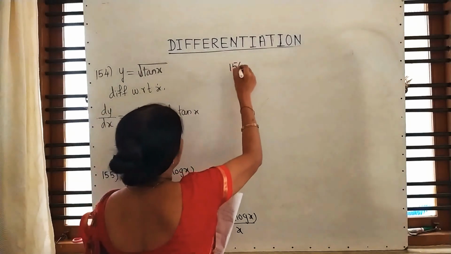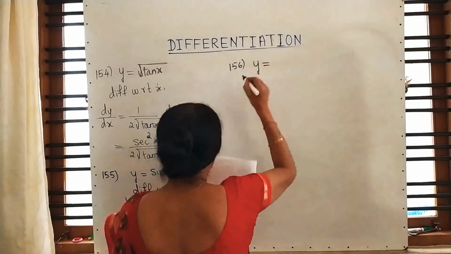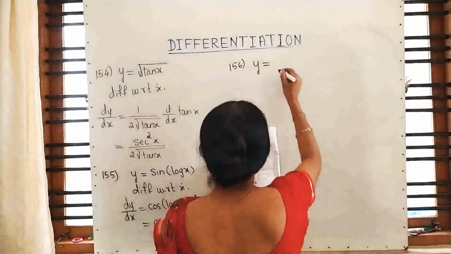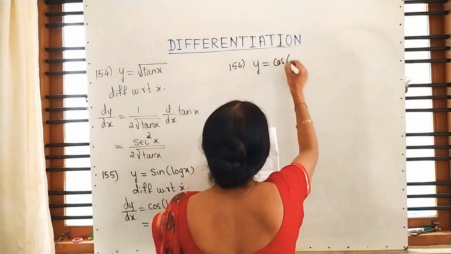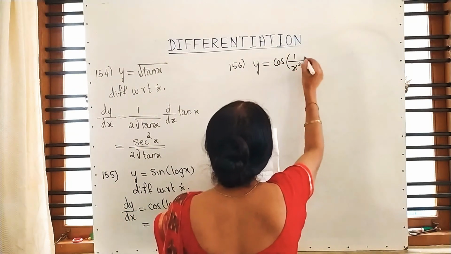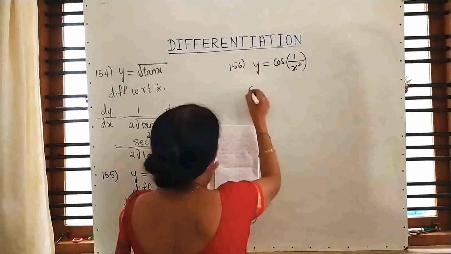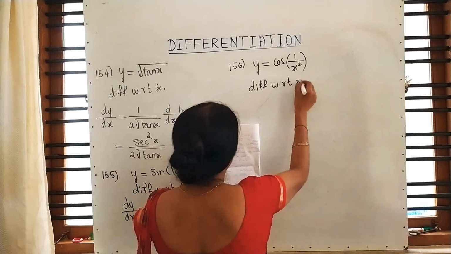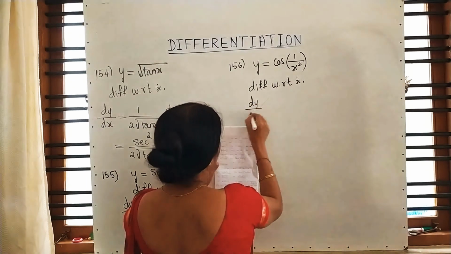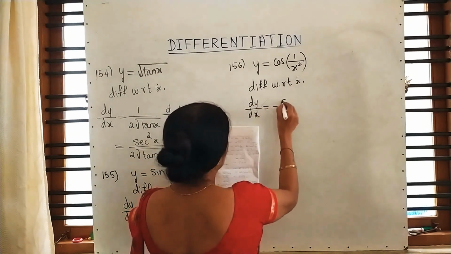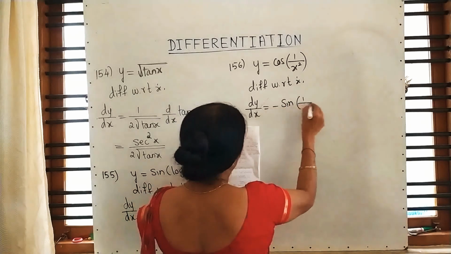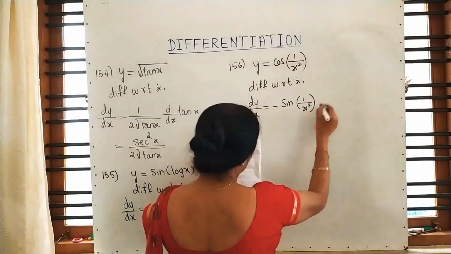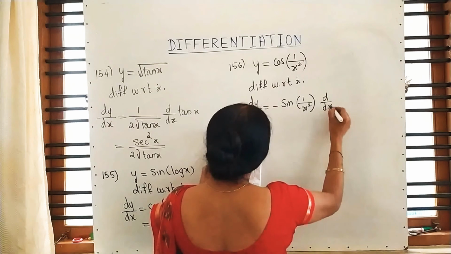Next, 156. y is equal to cos of 1 by x square. Here also there is no power. Directly we are differentiating the trigonometric term. Yes, what is the differentiation of cos? It is minus sine. The angle we have to keep as it is, into differentiation of the angle.